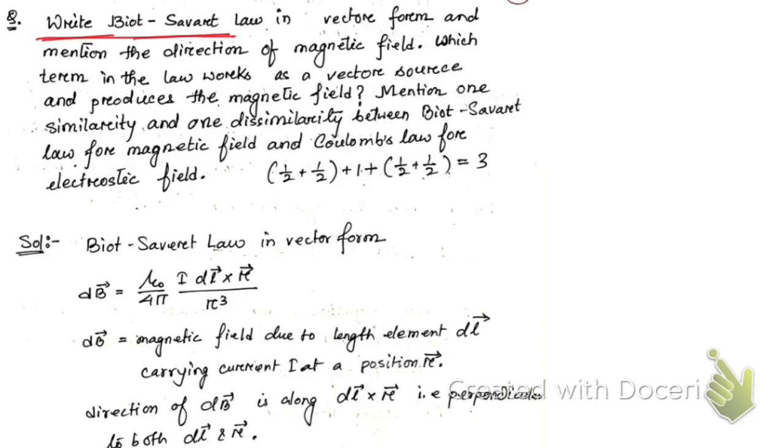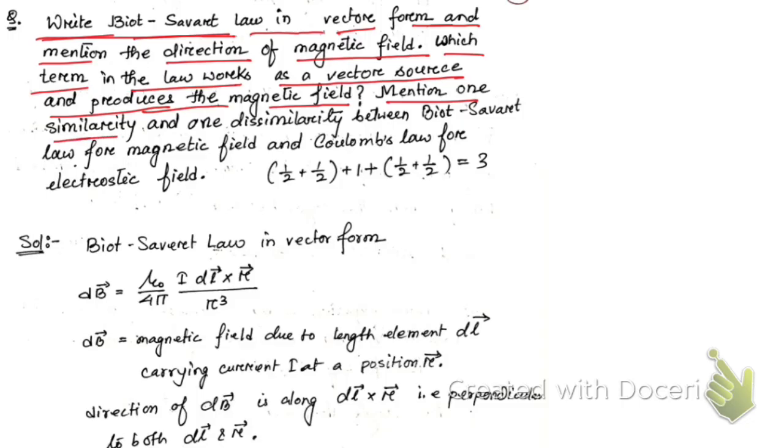Write the Biot-Savart law in vector form and mention the direction of the magnetic field. Which term in this law works as a vector source and produces the magnetic field? Mention one similarity and dissimilarity between the Biot-Savart law for magnetic field and Coulomb's law for electrostatic field.